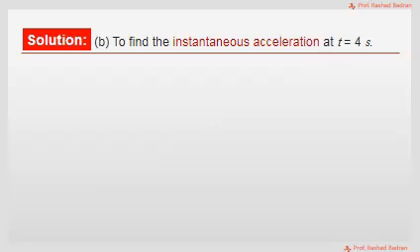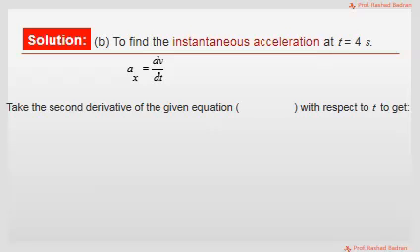To get an answer for the instantaneous acceleration in this part of the problem, you just need to write down the formula for the instantaneous acceleration, which is the derivative of the velocity with respect to time. If you have an equation for the velocity as a function of time, you just take the derivative of it with respect to time, and you get your answer. But if you have the position as a function of time, you need to take the second derivative in order to reach your final answer, which is a equals 20 meters per second squared.